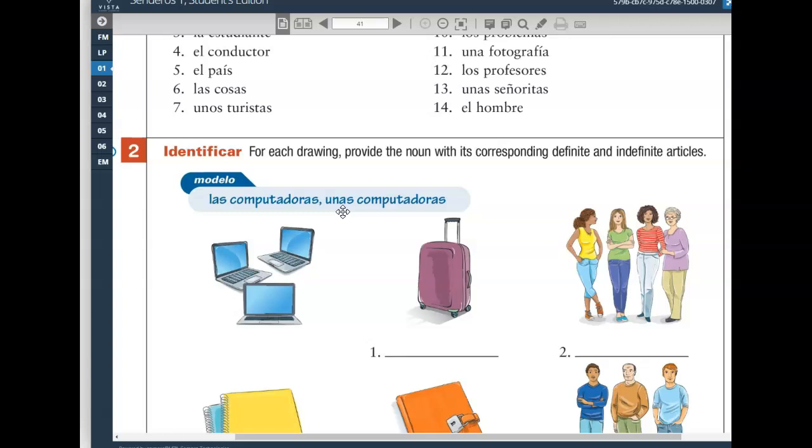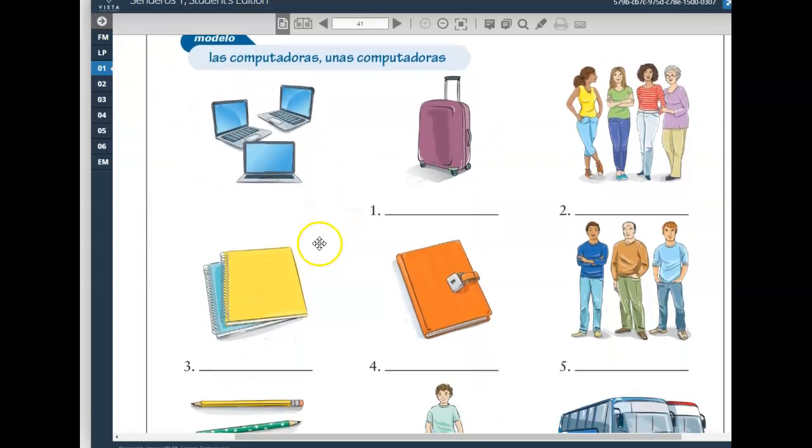Number 3 would be los or unos cuadernos. And then we'll do one more together. Diario would be el or un. El or un diario.